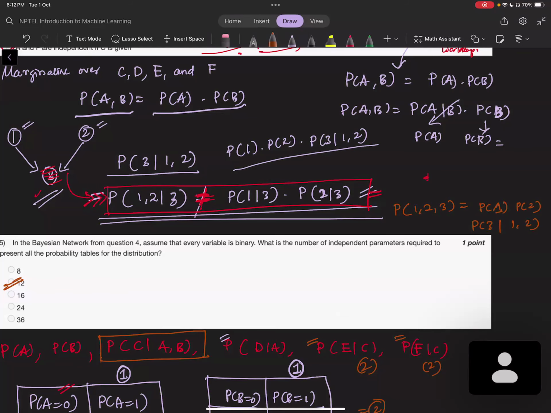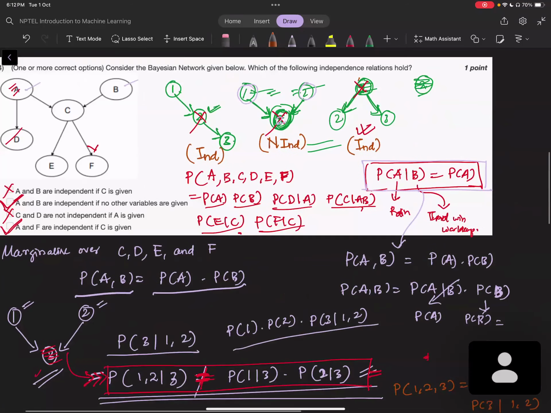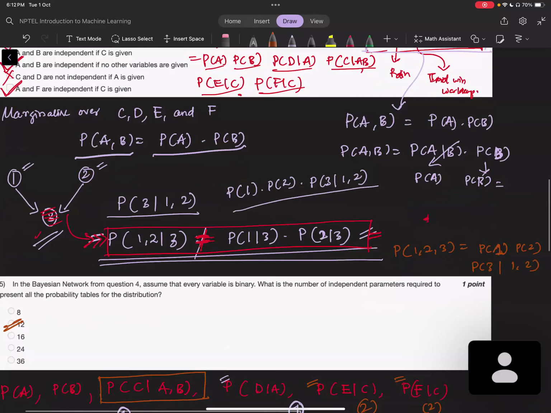So the question was: if 3 is given, are A and B independent if C is given? If I replace A with 1, B with 2, and C with 3, the corresponding statement would be: if 3 is given, 1 and 2 are dependent. This translates to: if 3 is given, probability of 3 given 1 and 2 will be 1.